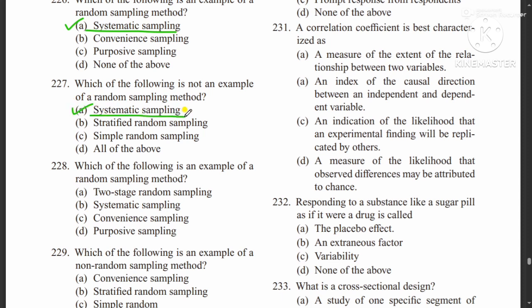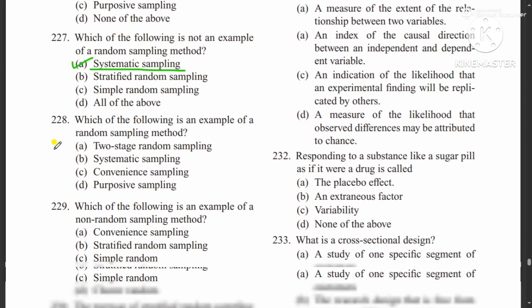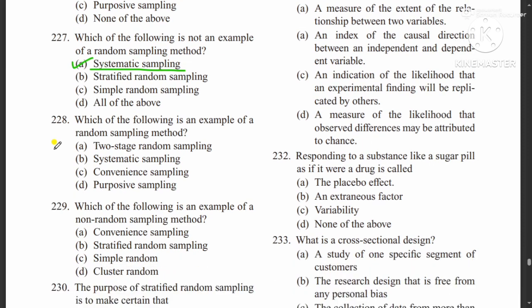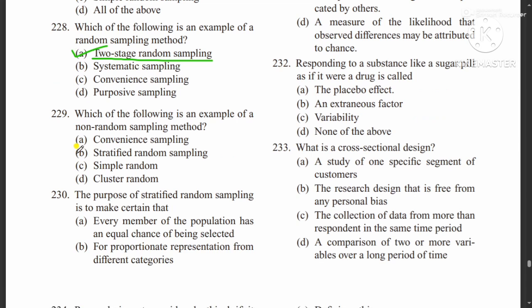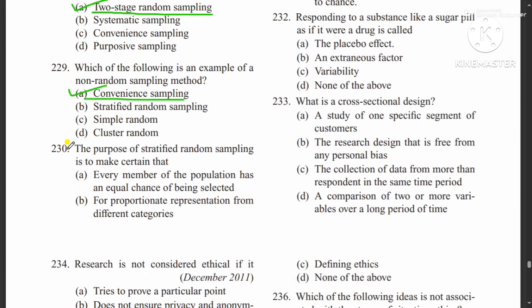Option A. Next, which of the following is an example of a random sampling method? Option A, two-stage random sampling. Which of the following is an example of a non-random sampling method? Option A, convenience sampling.